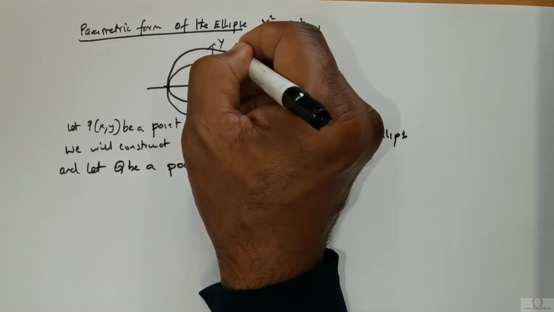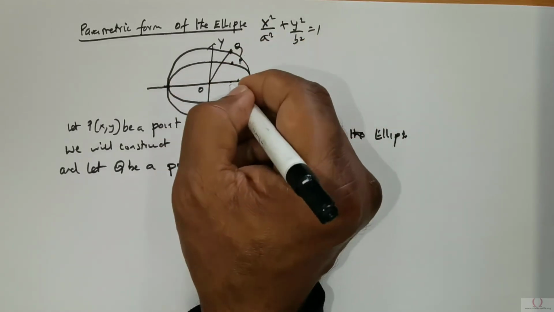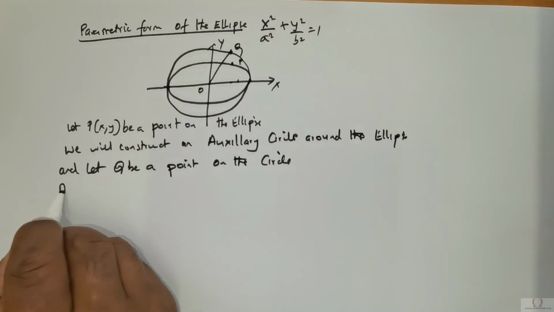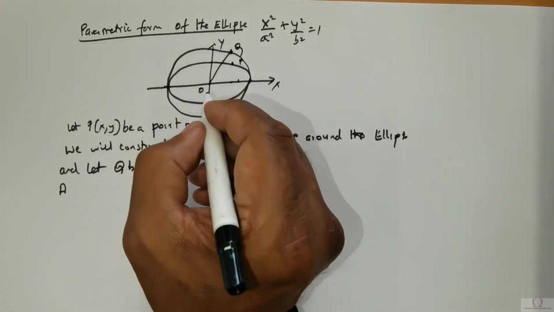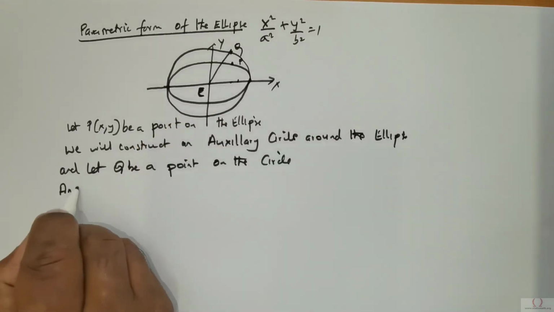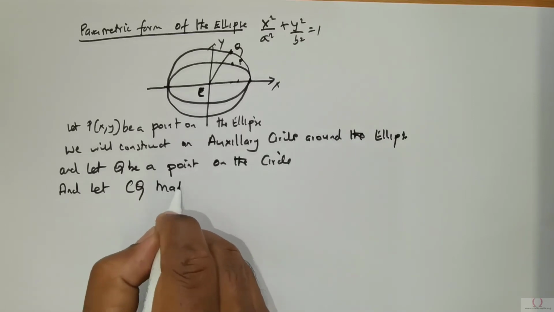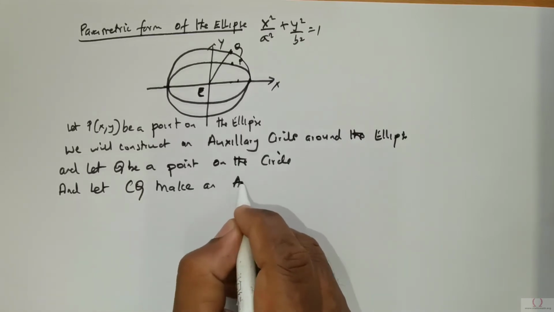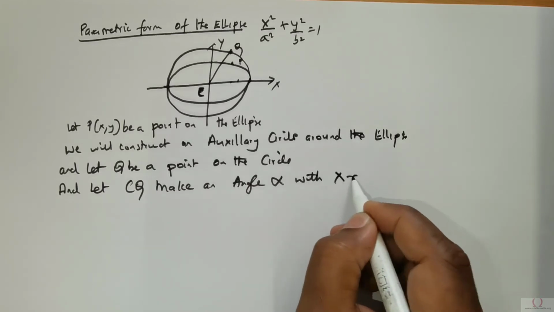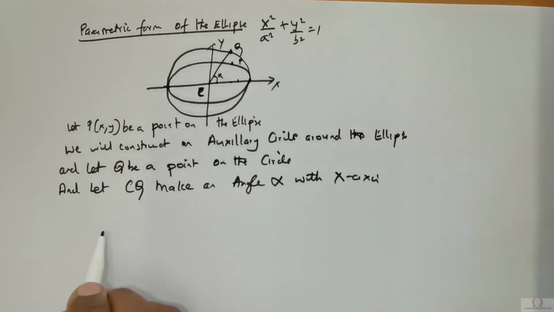So if I take a point, say Q, on the circle and connect O with Q, in fact, instead of calling it O, let me take this point as C, and let CQ make an angle alpha with the x-axis. This is going to be alpha.